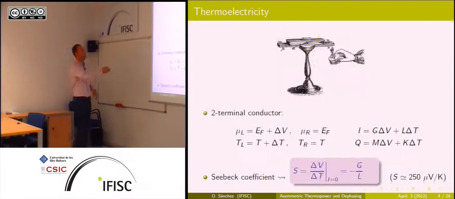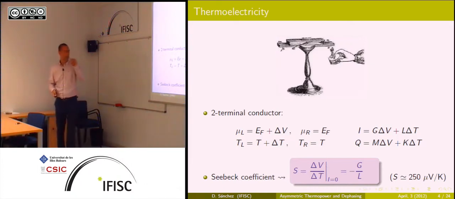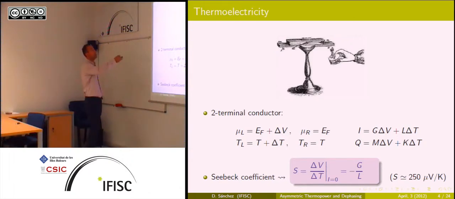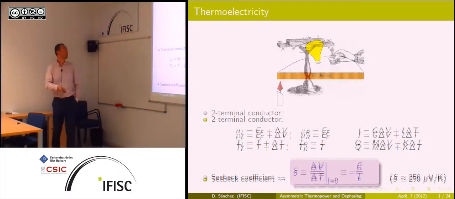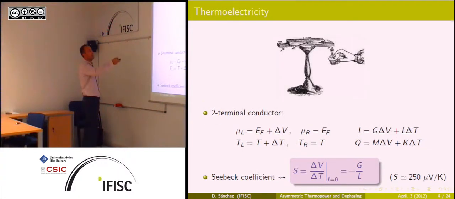Actually, this is not just a cartoon. The first experiment, done by Seebeck in the 19th century, was very similar to this. He had a conductor, and in the proximity of a candle he was able to heat one side of this conductor, and there was a current. Instead of this light, he had a compass.